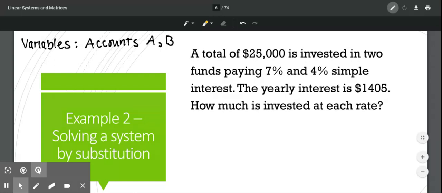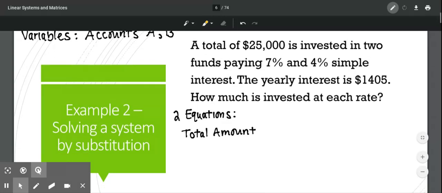So we need to write two equations that both use the variables A and B. So your two equations: you're going to have a total amount. So what is the total amount invested? In that case, we know that if we add A plus B, we have a total amount of $25,000.